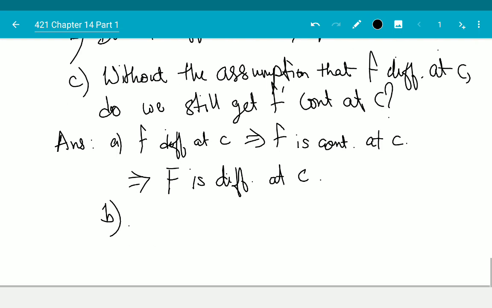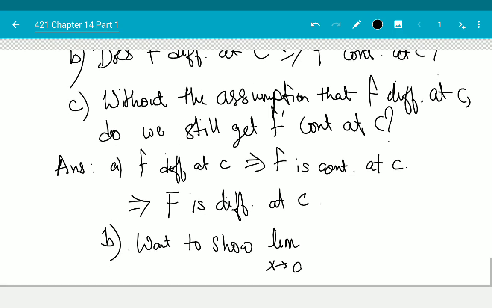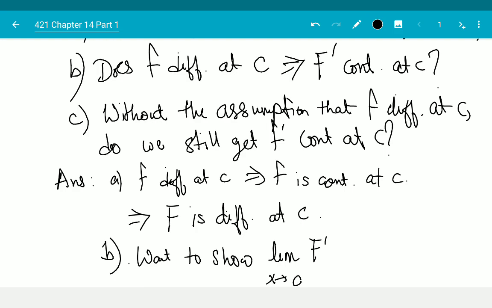So we want to show the limit as x goes to c of capital F prime of x is equal to f prime of c.